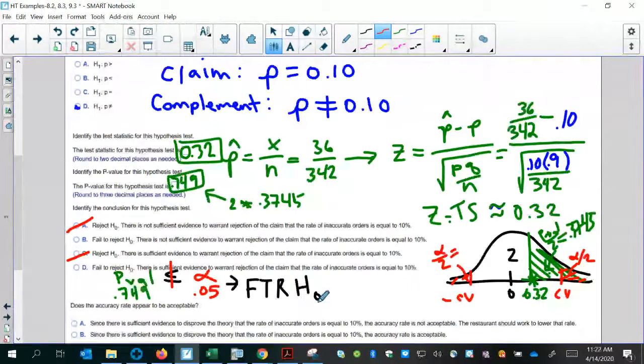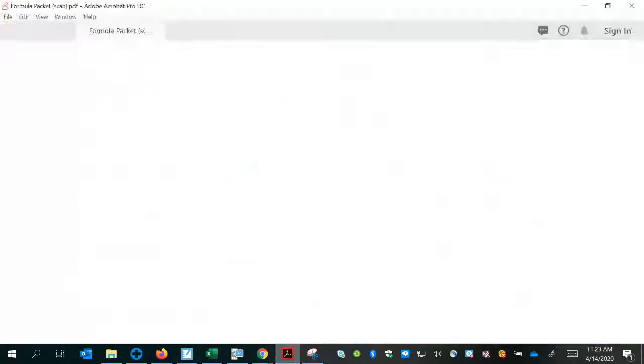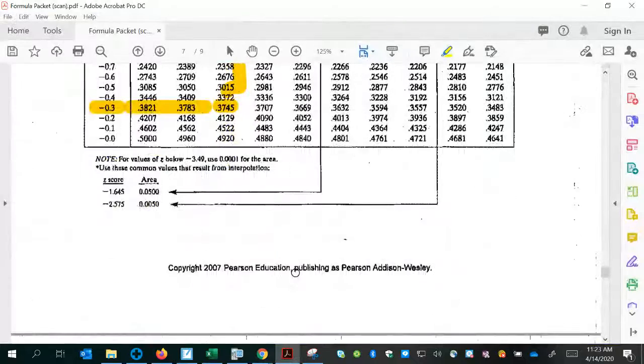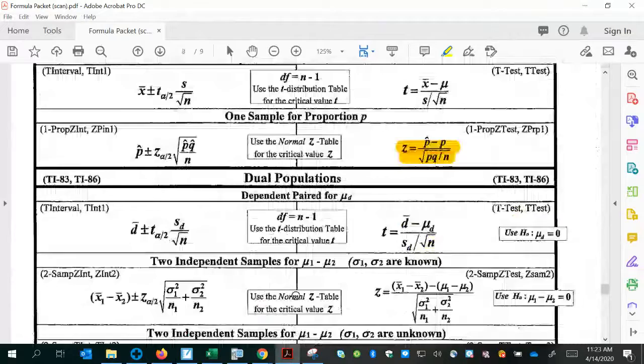So sometimes the null hypothesis and the claim are the same, or sometimes the null covers the claim, and you talk about the claim almost the same way you talk about the null. And other times the claim will fall under your alternative hypothesis, so that you will be discussing whether to support the claim. Another way is to use the flowchart provided in this formula packet.